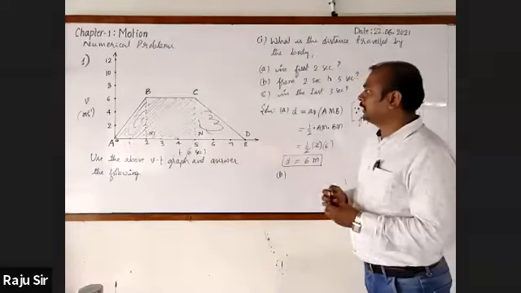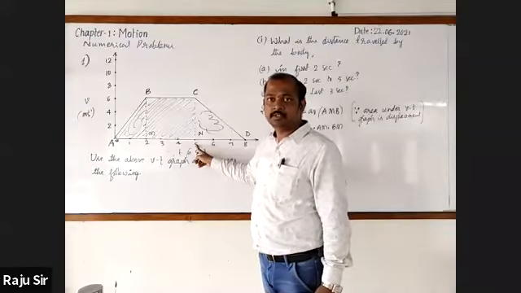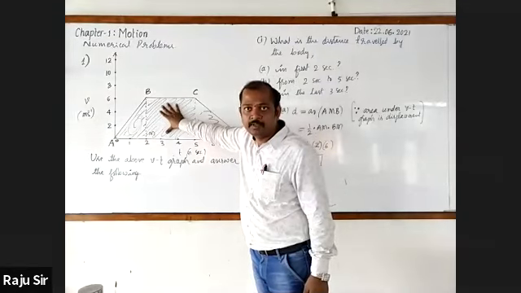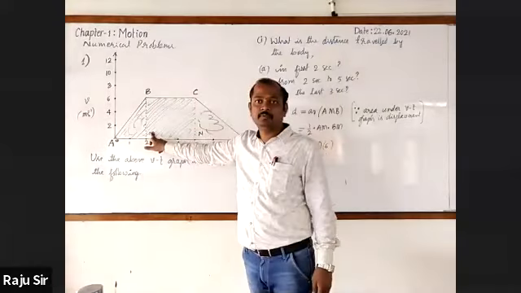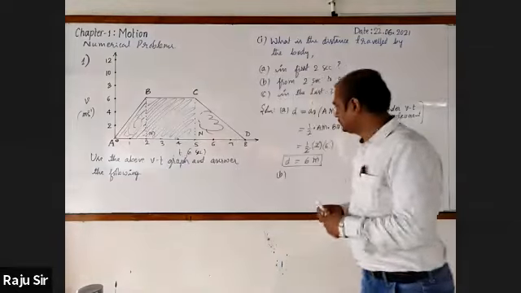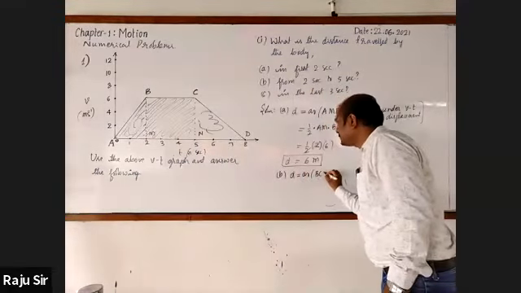To find the distance traveled by the body from 2 seconds to 5 seconds, this time you have to find the area under BC, nothing but the area of BCNM. Please do follow properly. D is equal to the area of BCNM.